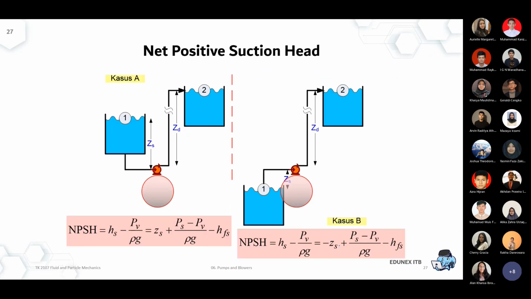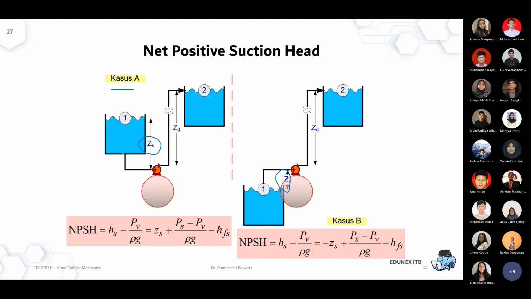Okay, so now please have a look at these two examples about the location of the pump versus the source tank, especially related to the ZS. Which one will help to prevent cavitation? For case A, you have your source above your pump.